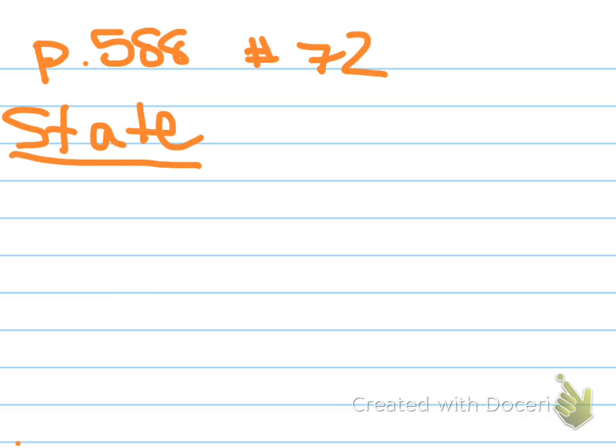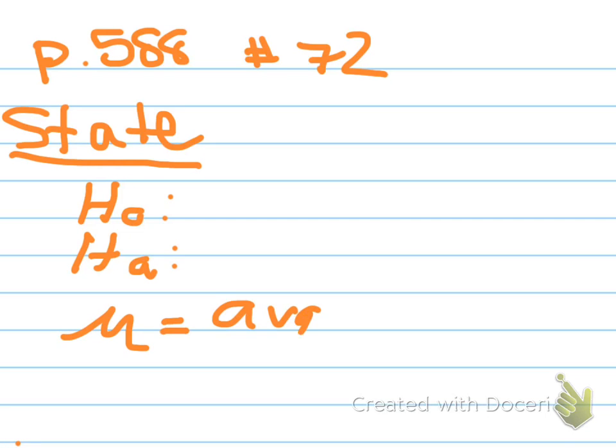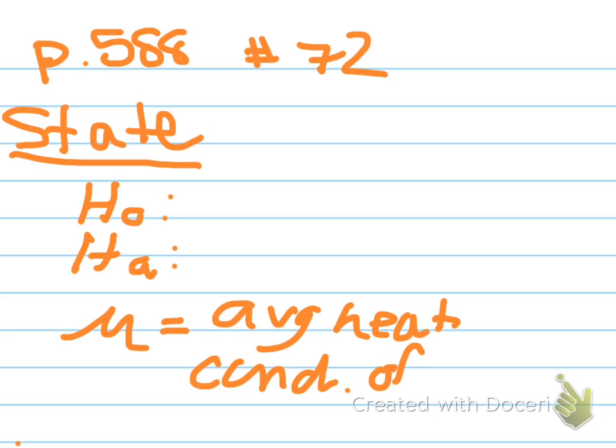I'm sorry. In the state, we need our null hypothesis, our alternative hypothesis, and to name the parameter. We're dealing with averages, mu. The mu is going to be the average heat conductivity of homes in... and then I'm going to skip the label for now, just because I'm running out of room.